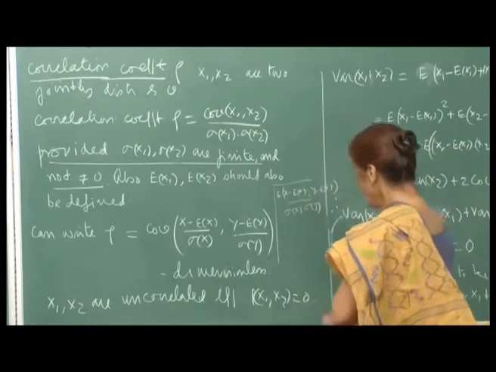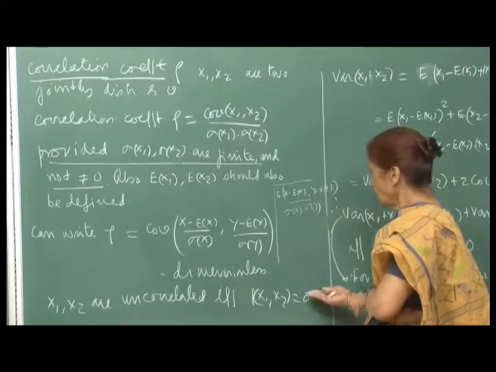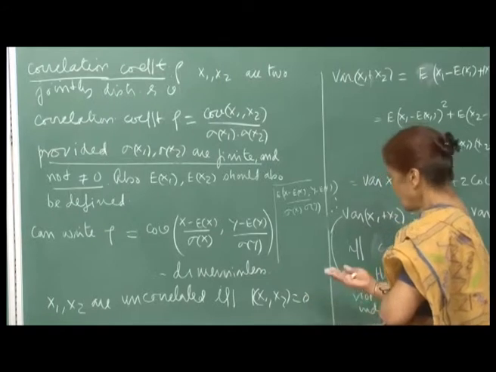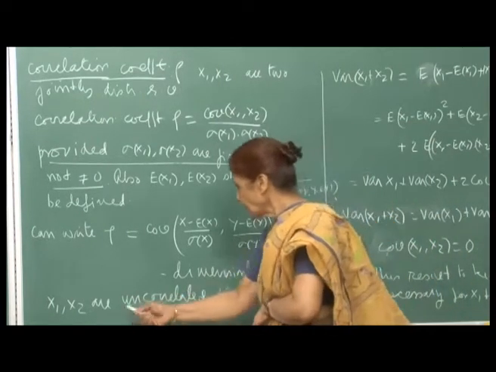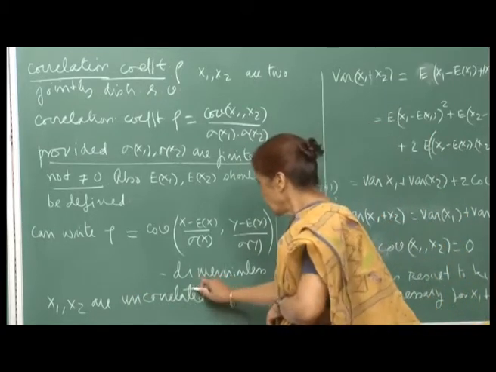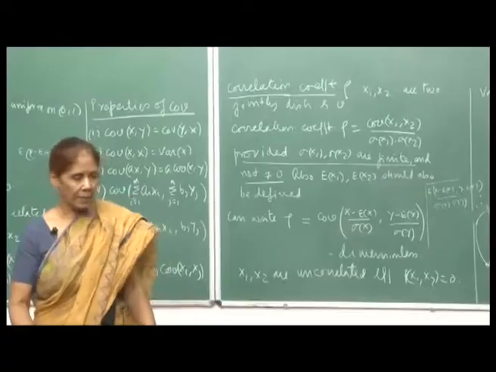Okay, now, rho of x 1 x 2 being 0 obviously is possible when the covariance is 0. So, essentially when the covariance is 0, we use the word that x 1 and x 2 are uncorrelated. You have already seen that two variables being uncorrelated does not mean independence, right.